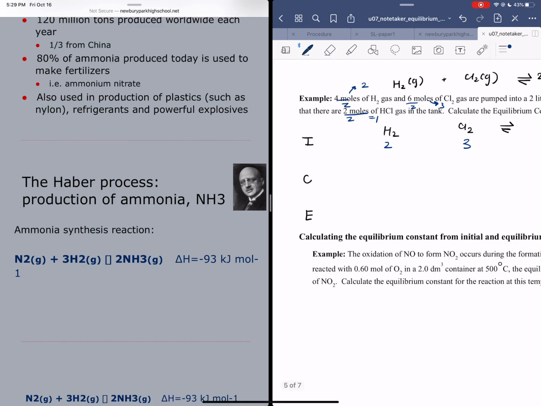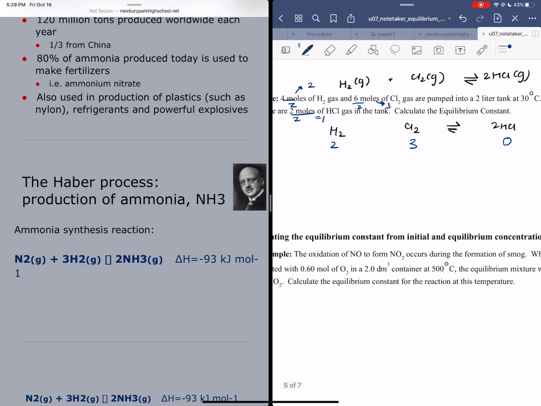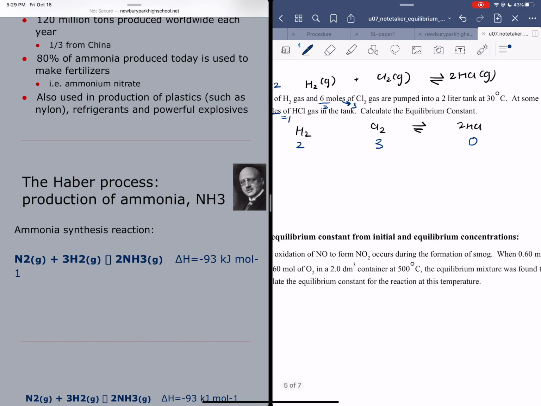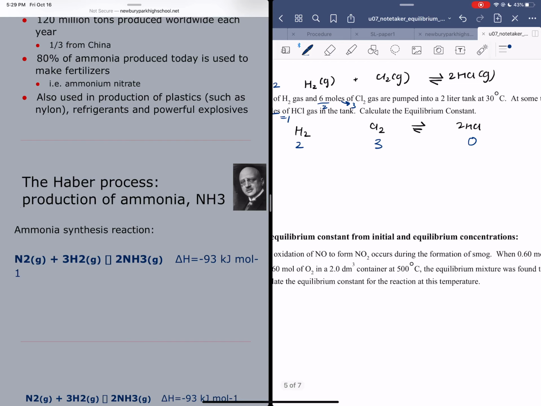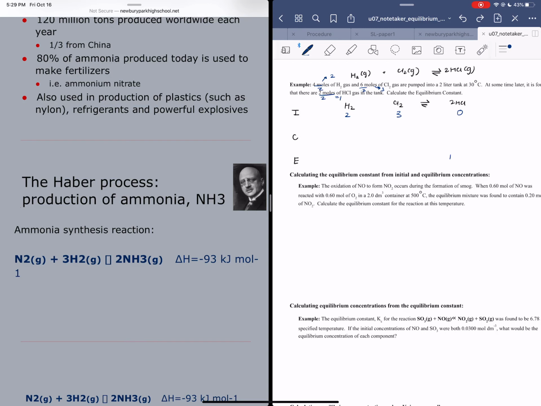We also know that at equilibrium, there is 1 mole per decimeter cubed of HCl. So this gives us more than enough information to solve this. And you might be like, well, how? Well, I'll show you. To get from 0 to 1, that's just adding 1, right? The change in concentration is 1 mole per liter.